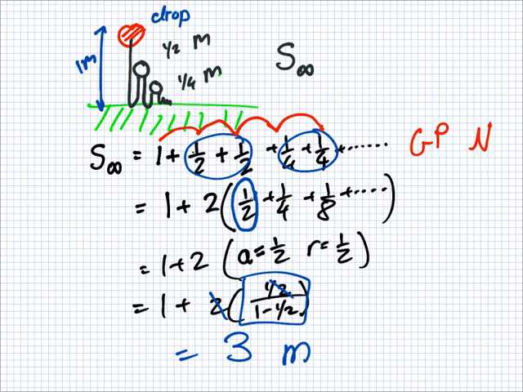So if I take the 2 out and take the 1 out, I can be left with a geometric. By rearranging it, part of the equation is geometric. I understand why the 2 is there, but why is the 1 there? Because it initially fell 1 meter.